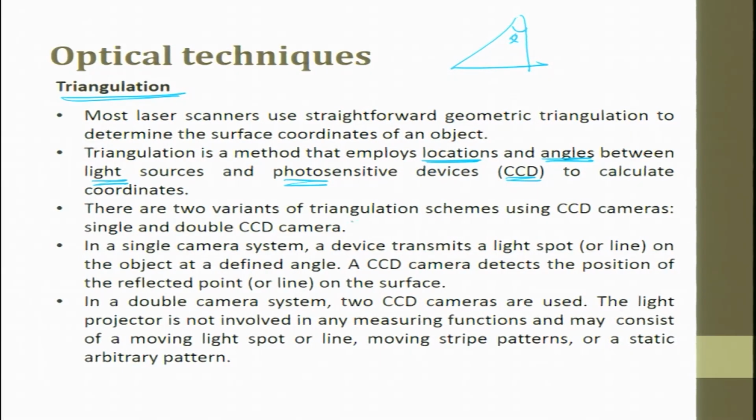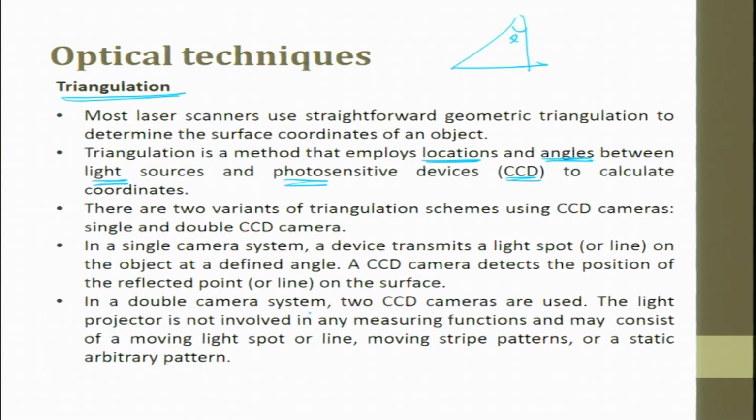There are two variants of triangulation schemes using CCD, that is charge coupled device cameras, single and double CCD cameras. In a single camera system, a device transmits a light spot onto the object at a defined angle. A CCD camera detects the position of the reflected point on the surface.